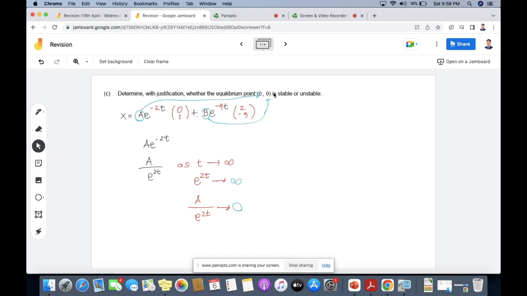Similarly, if we analyze the other one, we have B e to the power of -4t. We could also rewrite it as B over e to the 4t.